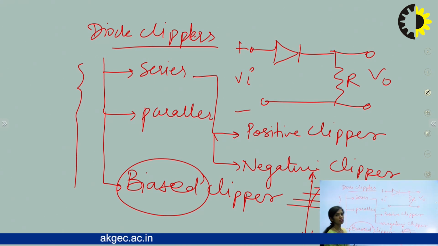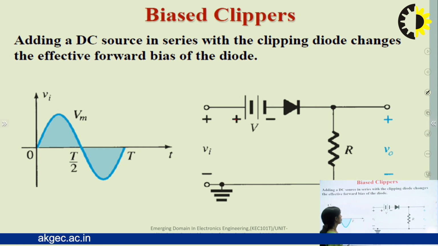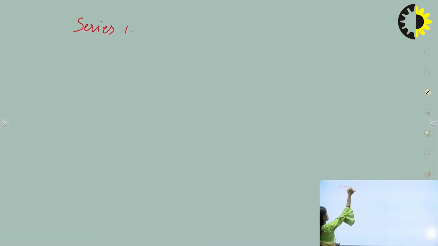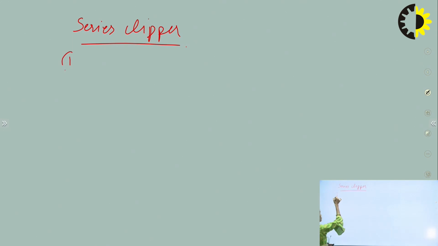Now if we start with the basic diode series clipper, we have the basic circuit. First we will make the negative clipper.